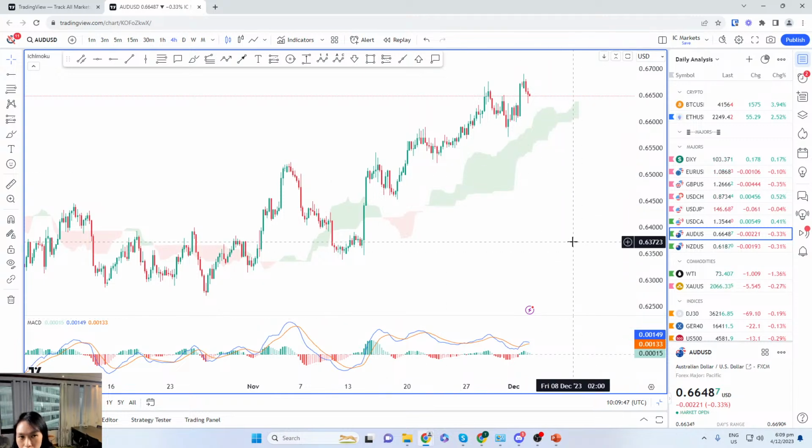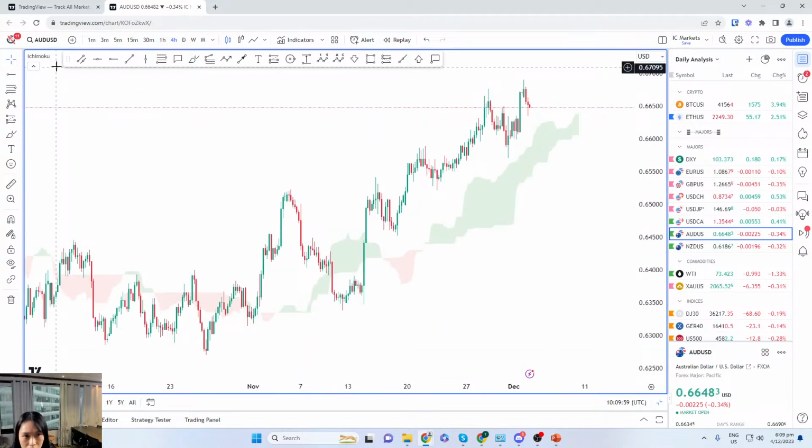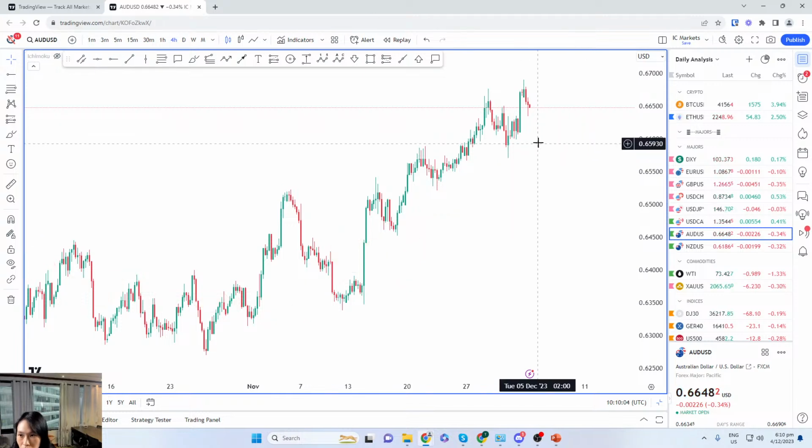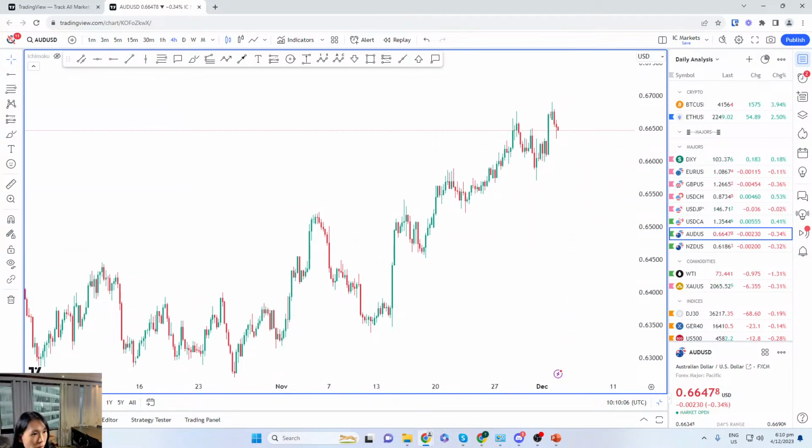So I like to use Ichimoku and also MACD to guide me whether there will be a trend reversal coming soon. MACD can be a little laggy, so try not to rely on just one indicator.